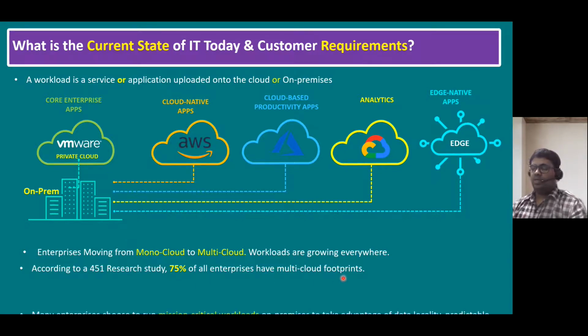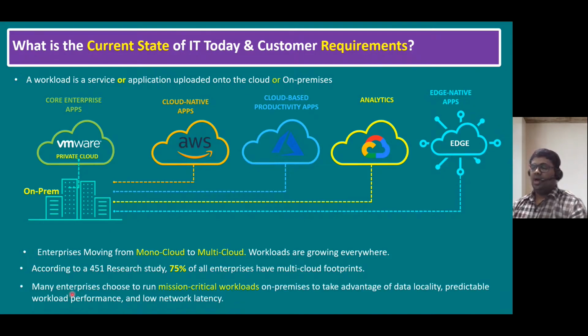But the key point is that many enterprises choose to run mission critical workloads, that means very critical applications, on premises, to take advantage of data locality, predictable workload performance, and low network latency. This is the area VMware focused on specifically in vSphere 8.